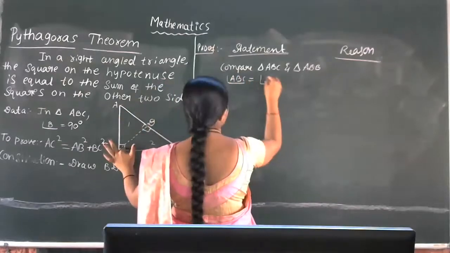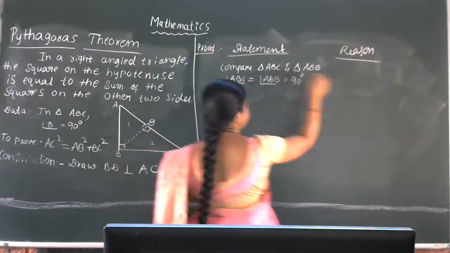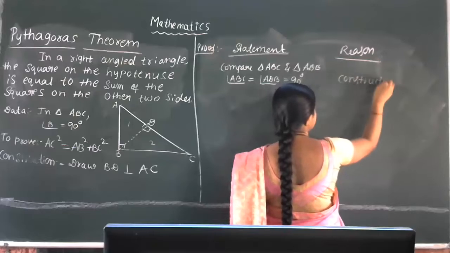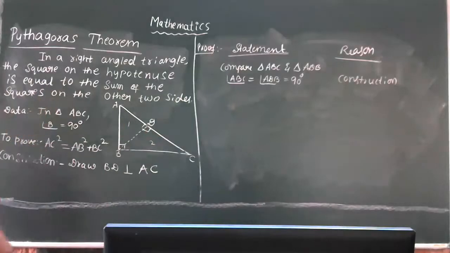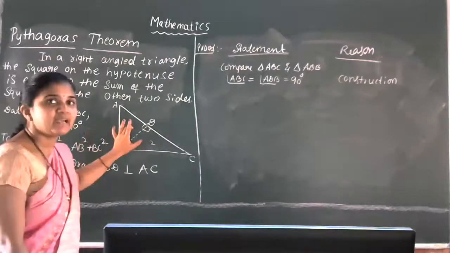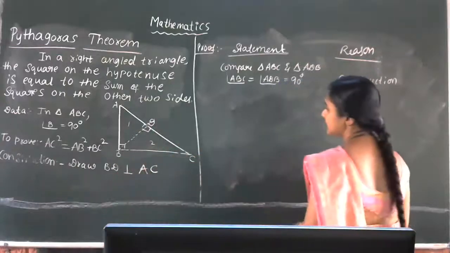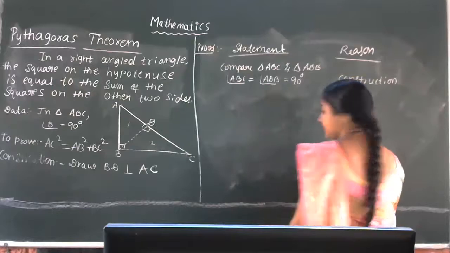Got the idea, no? This AB divided by this AD, this BC divided by this DB, then AC divided by AB. So what is the reason for this? Corresponding sides of similar triangles.